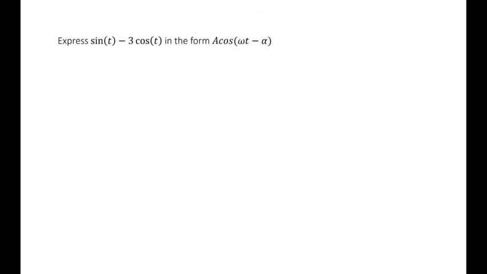In this last example, we've got that omega must equal 1, because there's no number there. And then, using the rules on the first slide of this presentation, alpha is going to equal inverse tan of A over B. So again, you can do it in full to prove it to yourself, but we've got that that's equal to 1 over negative 3.